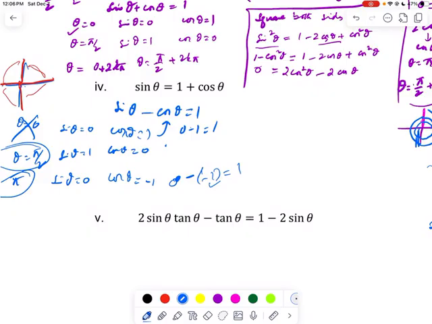What about 3 pi over 2? Well, at 3 pi over 2, sine will be negative 1 and cosine will be 0. So when you plug in, you arrive at an equation which is not correct.